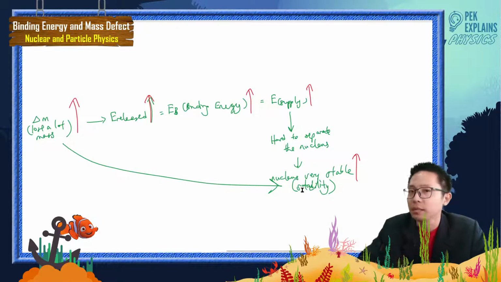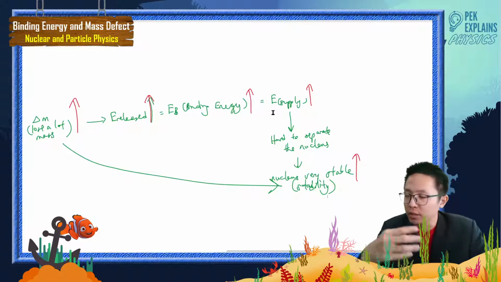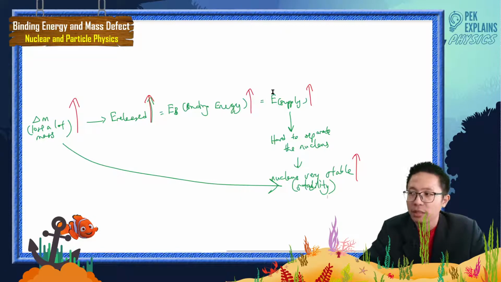If the nucleus has a lot of mass defect, the nucleus is very stable, because you need to supply a lot of energy to overcome the binding energy, to be absorbed by the nucleus to form back the proton and neutron.